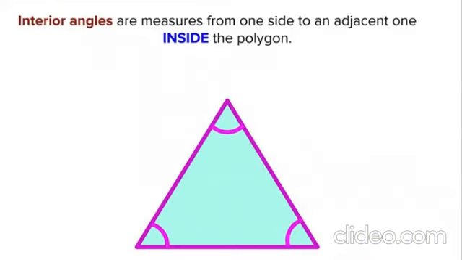Now interior angles. Okay, there are two types of angles which a triangle also has. One is interior and other is exterior. Interior angles are measured from one side to an adjacent one inside the polygon. So we studied, right? Triangle has three sides, three vertices, three angles, right?